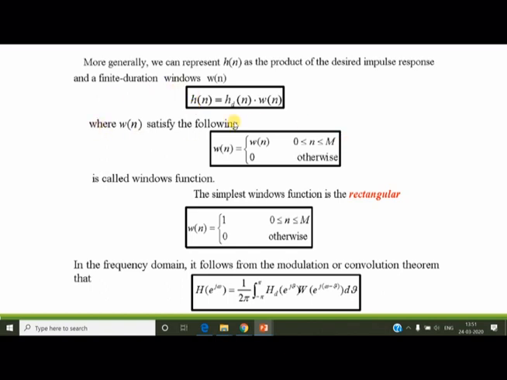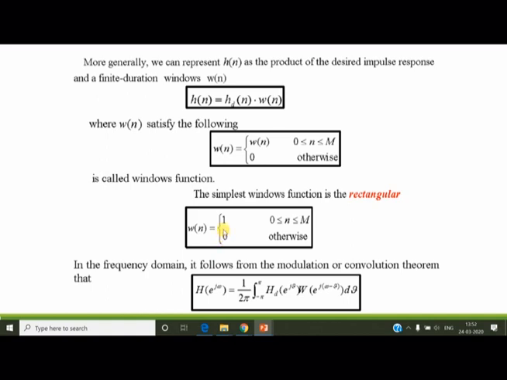So this w[n], the window function, is a finite duration window function, and the w[n] are termed as window coefficients. A very basic form of window function is the rectangular window, and the rectangular window is mathematically expressed as w[n] with unity magnitude in the range from 0 to capital M and is 0 otherwise.